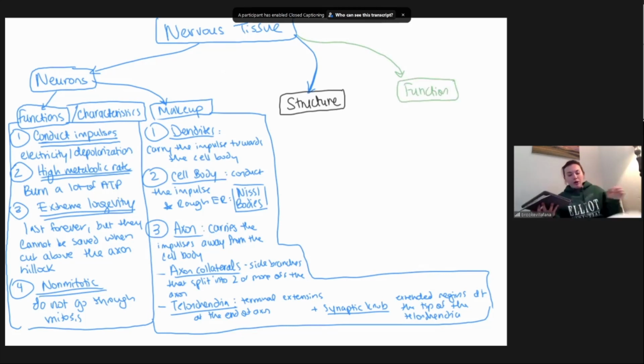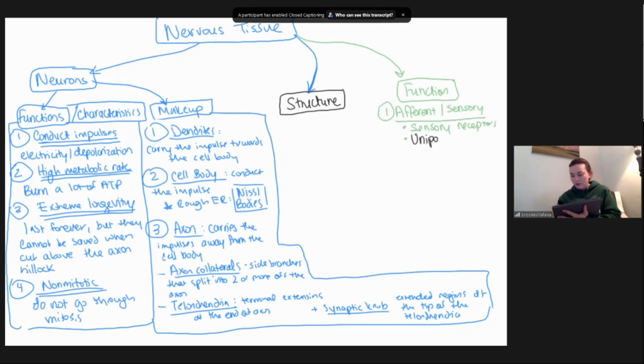So I'm going to do the part that you've already seen before first, so it feels like you get a little review here. So afferent or sensory neurons are the first type of neuron according to function. And we know that these would be sensory receptors. And your example of the type according to structure, and I'll go over this next, is unipolar.